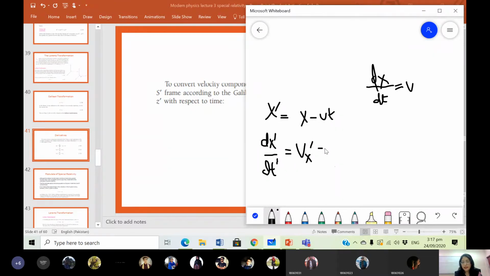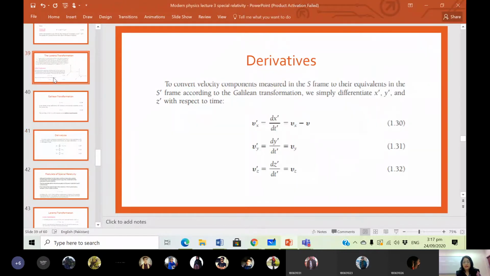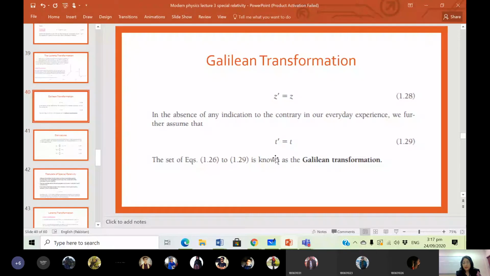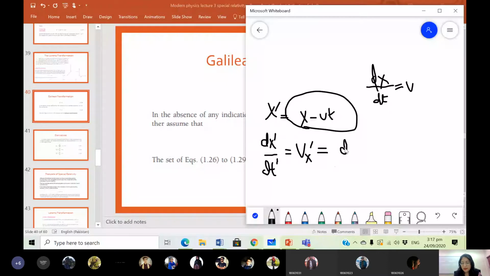So now take the derivative of this side with respect to dt dash. Because in the Galilean transformation we said that t dash is equal to t, I can say that this will be equal to dx/dt minus v. I just took the derivative with respect to dt because t dash is equal to t.